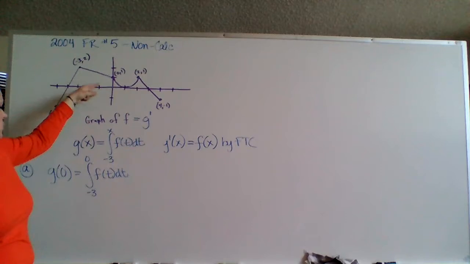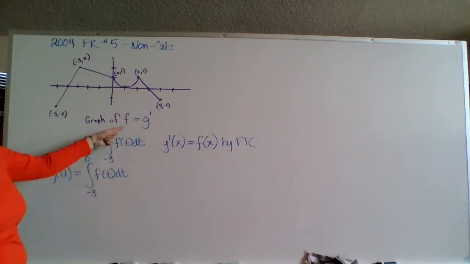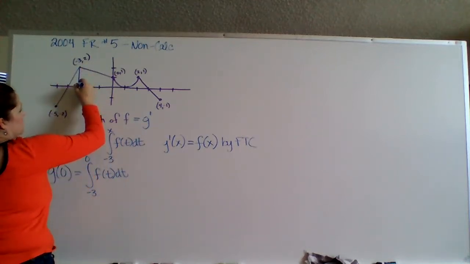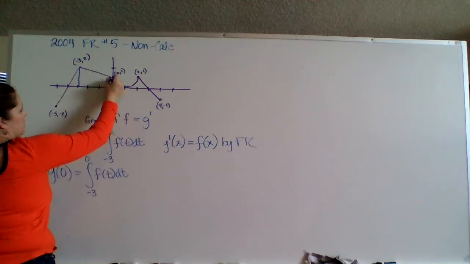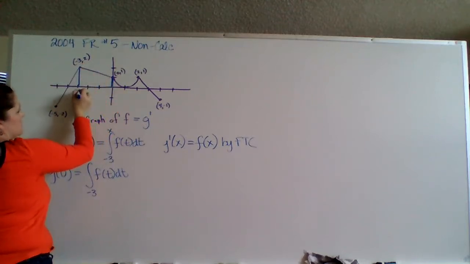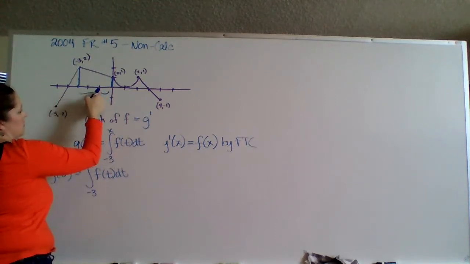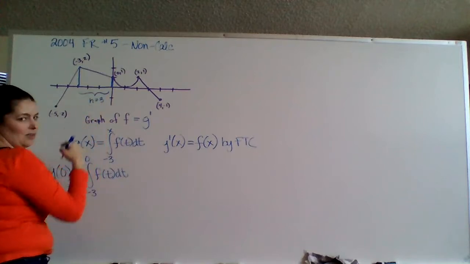That is the region underneath this f graph, which is the graph of g prime. Well, I don't know what you guys see, but I see a trapezoid. Here are my parallel bases, and this is my height across the x-axis. So my height is 3. This is -3, -2, -1, right? Count 1, 2, 3, height of 3.